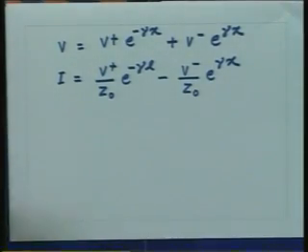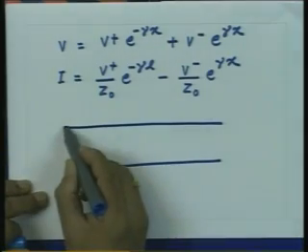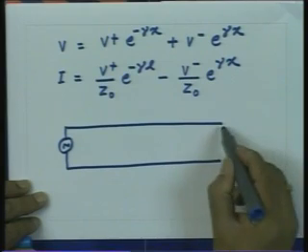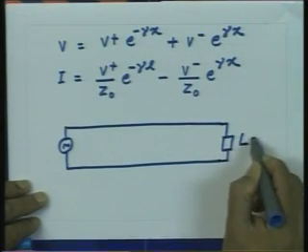Up till now we have not even defined the origin on the transmission line. Before I apply the boundary condition, let us define the origin on the transmission line. Normally we have two spatial locations on a transmission line. One is at this end where the generator is connected, or the other end where some impedance will be connected, what is called the load impedance.